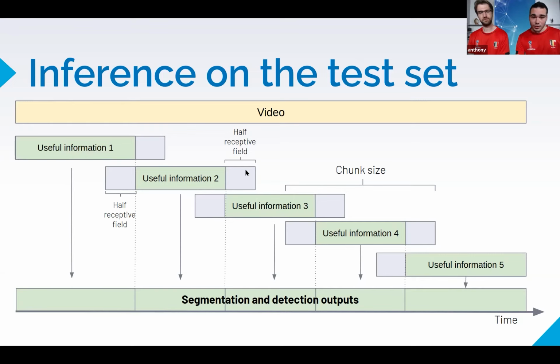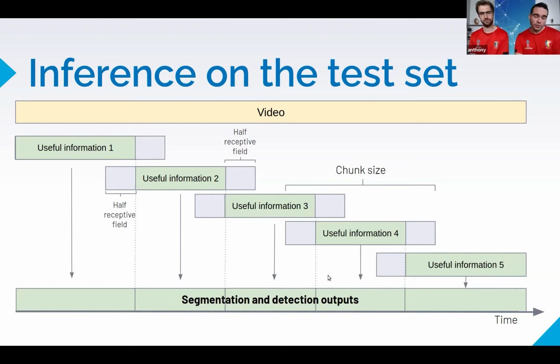But for the second chunk, we're going to use not the chunk that comes right after, but a chunk that is a bit overlaid on the previous chunk, so that the useful information actually follows one another, which is a shift of the receptive field in total, because we have the receptive field before and the receptive field after. And then what we can do is simply reorder these useful parts.